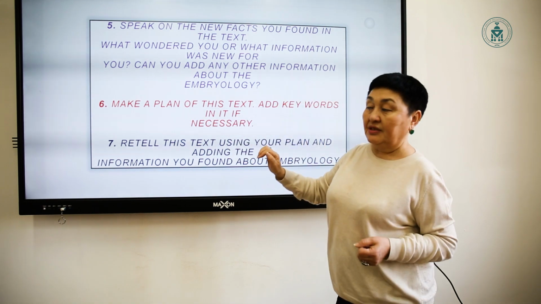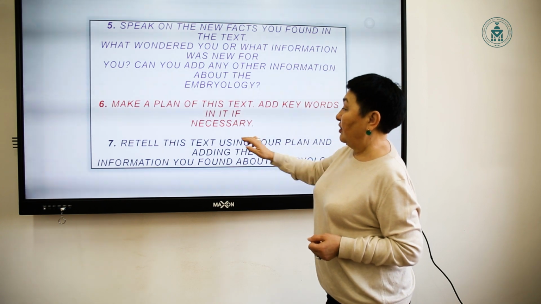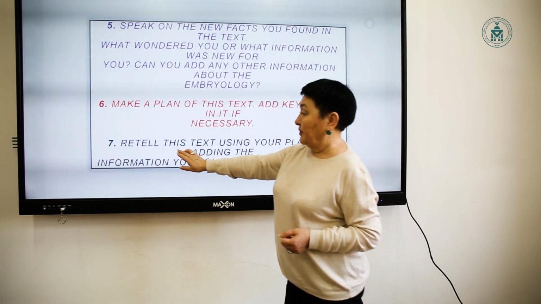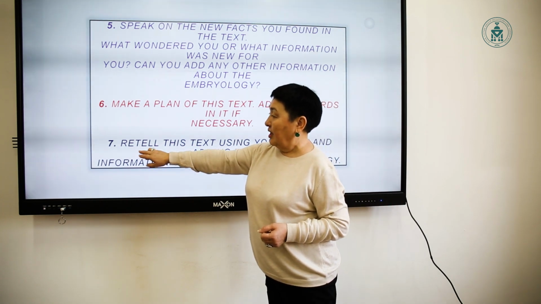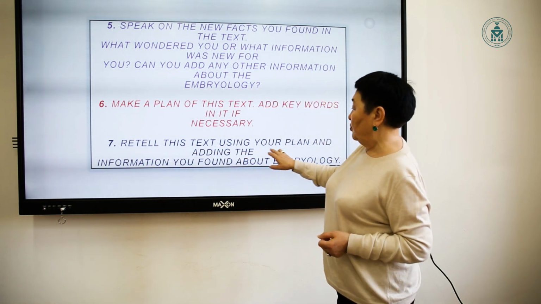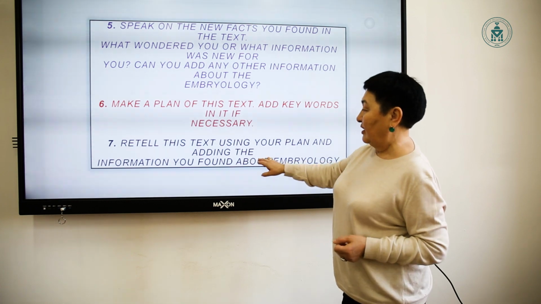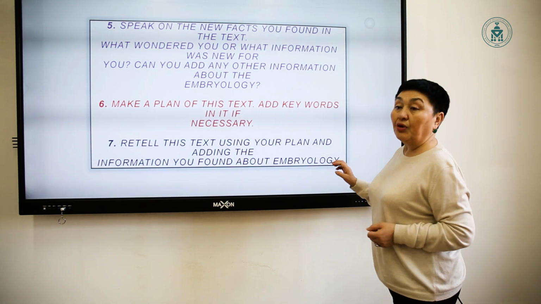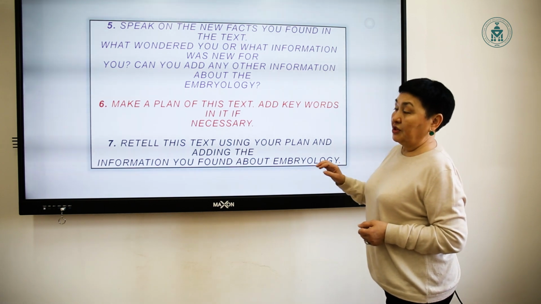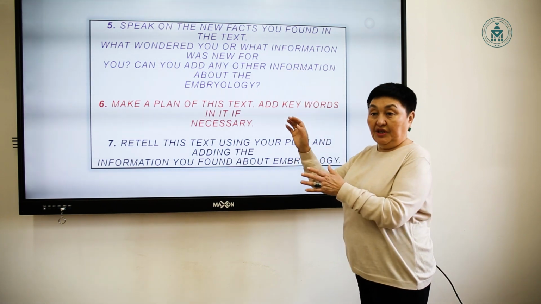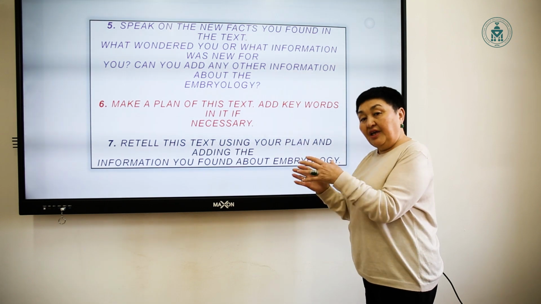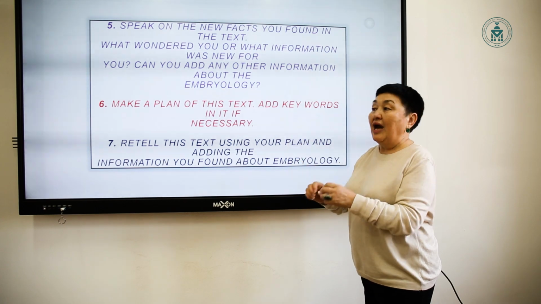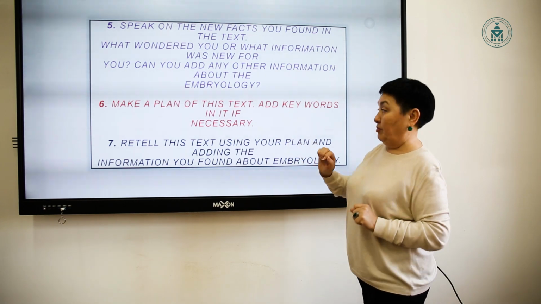Add keywords in it if it's necessary. And as for this task, retell this text using your plan and adding the information you found about embryology. You see, according to my presentation, each task is connected, and of course it consolidates the information and enriches their vocabulary.